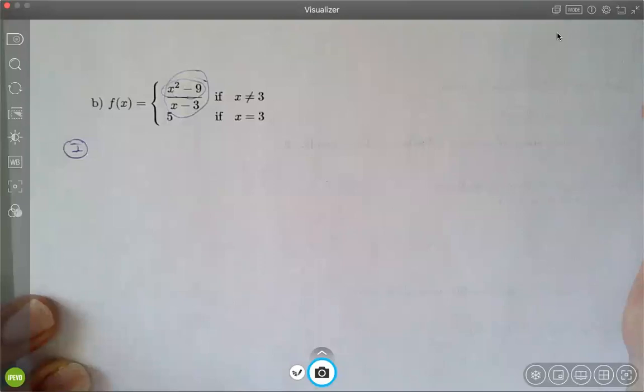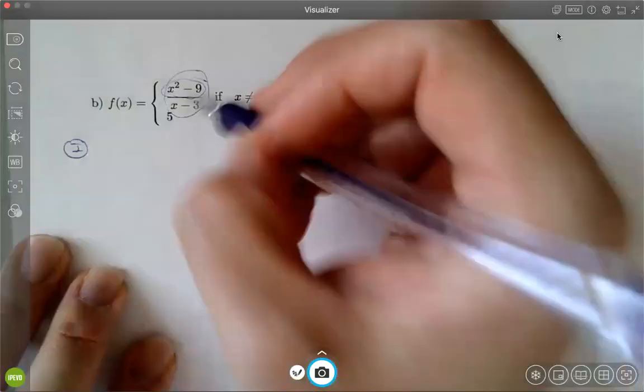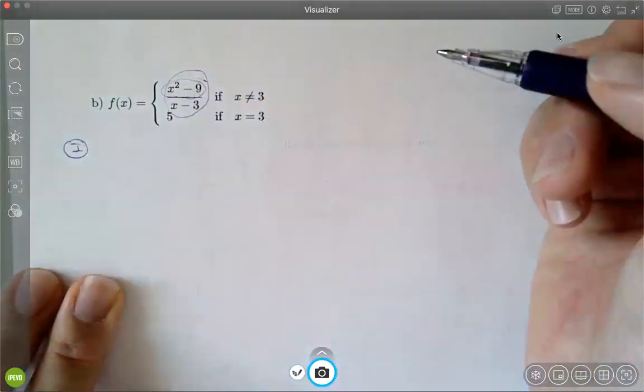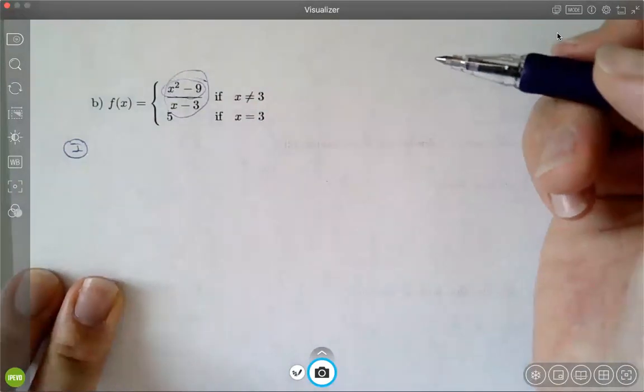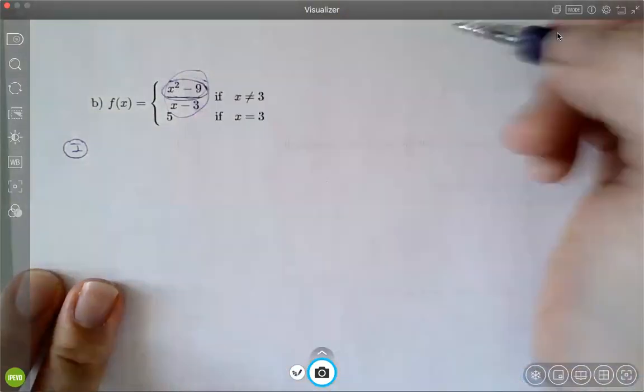Does it remind you anything whenever you see like x squared minus 9? So I guess my hint is compare that with x minus 3. So yes, we will simplify, but there is something that we can do at the top in order to simplify.